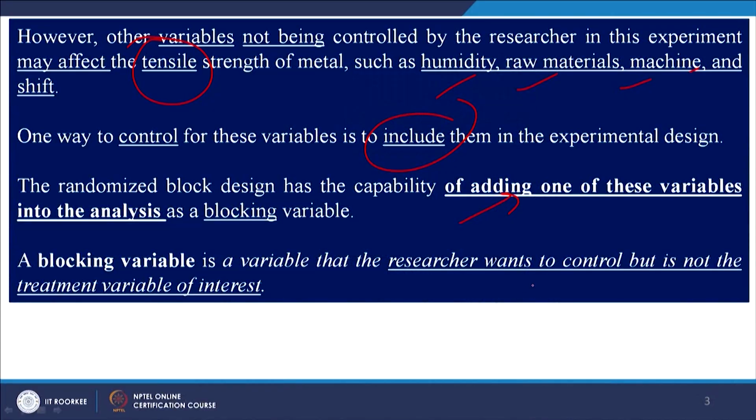So, what is a blocking variable? It is a variable that the researcher wants to control, but is not the treatment variable of interest. Okay. So, though we will focus only on the treatment independent variable, we will have a blocking variable as well.